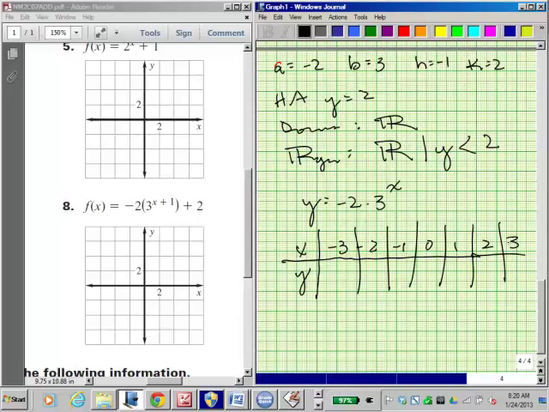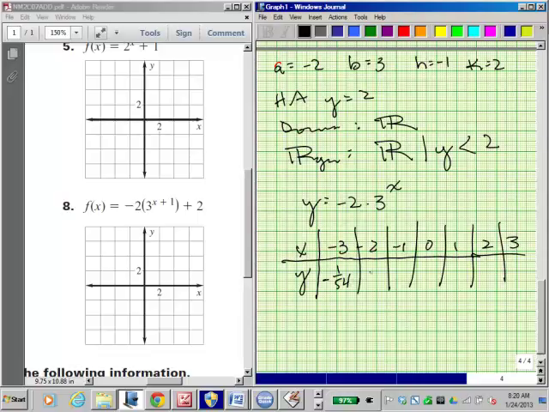Okay, so we got 1 over 27 times -2, so we got -2 over 54. We're not going to graph that. That's ridiculous. You can't even see it. That's smaller than the tip of my pen.